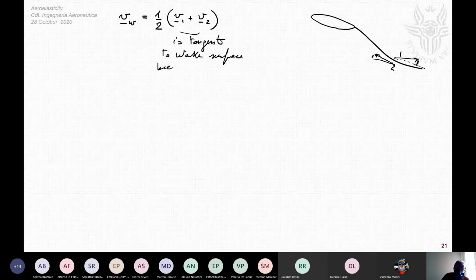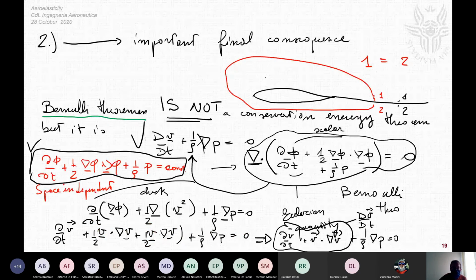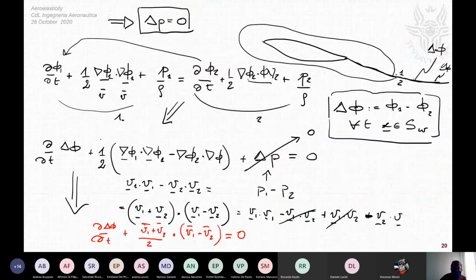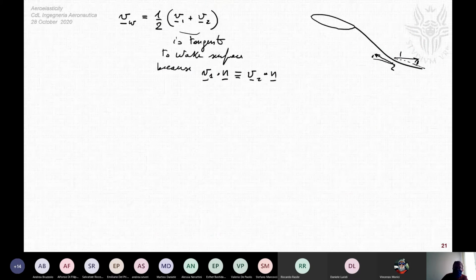because the normal component of V1, normal to the wake, is equal to the normal component of V2, because of this condition here. So we have a strange velocity, and this is the definition of the wake velocity.